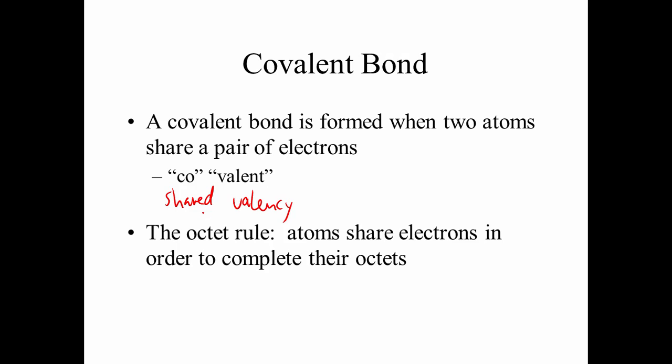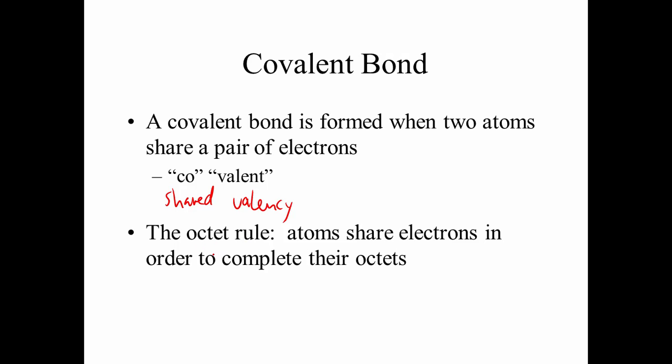And this occurs between 2 atoms of nonmetallic elements. And then ionic bonding is when atoms will transfer an electron in order to also match the octet rule.